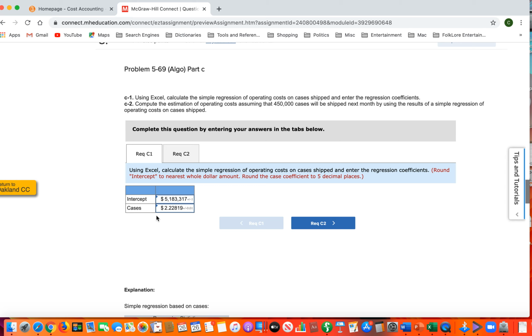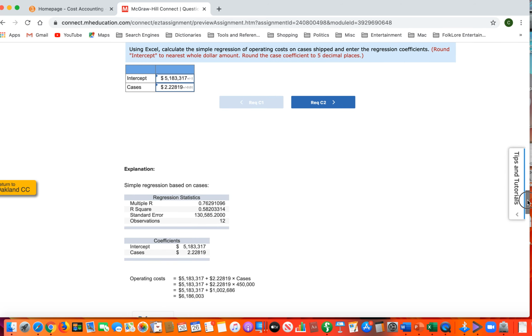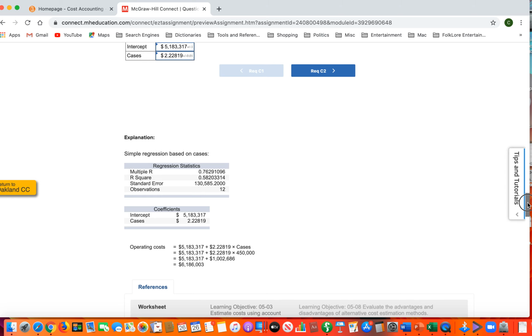The intercept is the constant, or it is the fixed cost. So what this means is that y equals 5,183,317 plus, open parenthesis, 2.22819 times the number of cases, 450,000. And that's what you see here at the bottom.